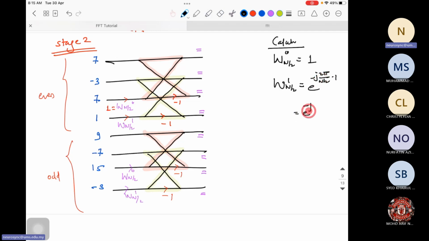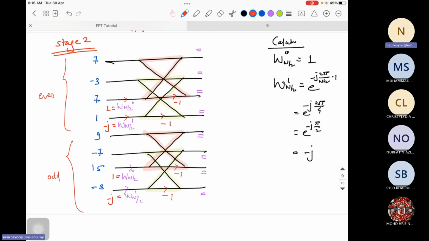E to the power minus j 2 pi by 4, since 8 by 2 is 4. E to the power minus j into pi by 2. So earlier we calculated this value, which is equal to minus j. This is 1, this is minus j.